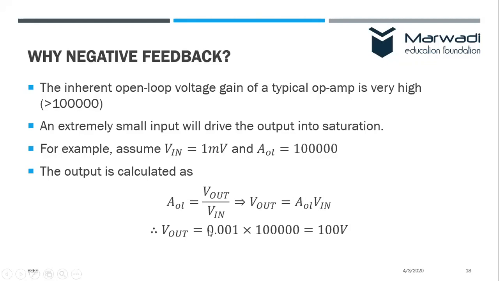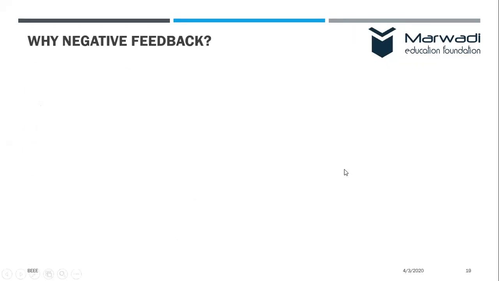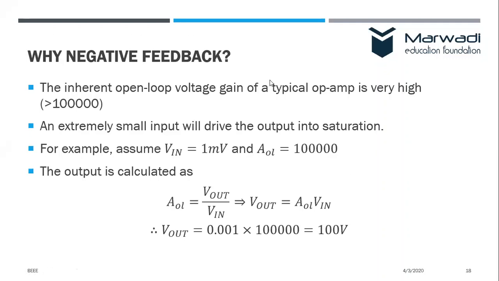So what happens in the operational amplifier? The output voltage is equal to 1 millivolt, that is 0.001, multiplied with 1 lakh, and that will give you 100 volt.